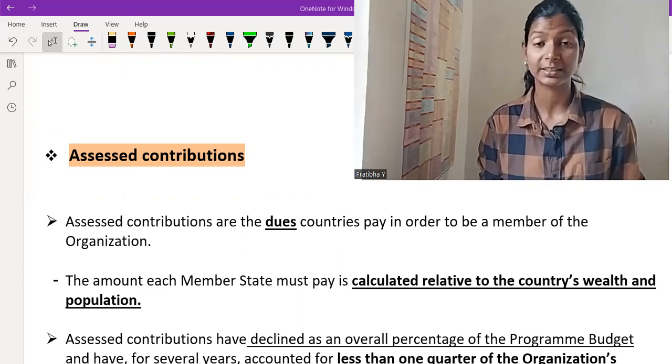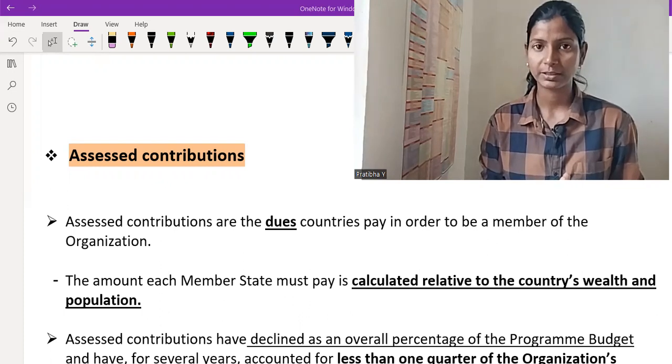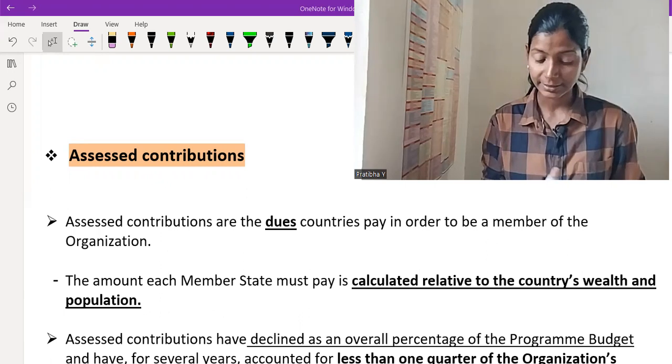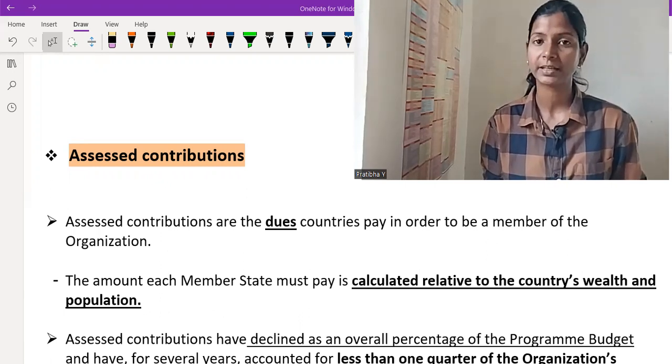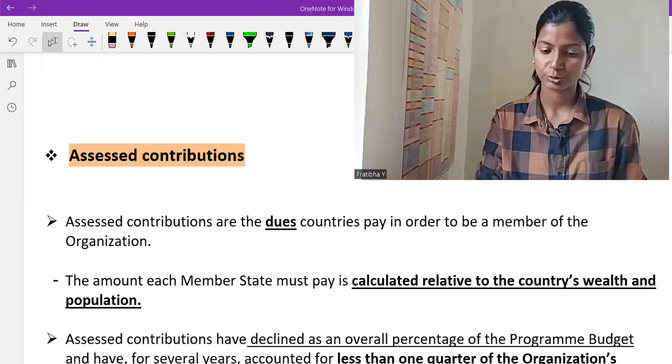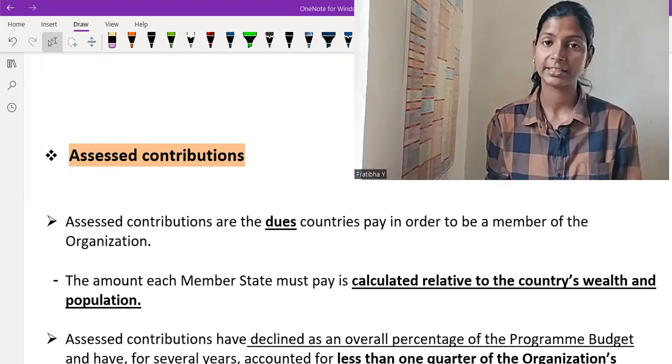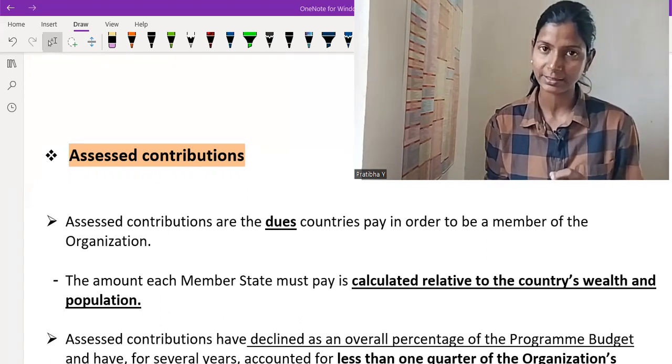In recent years, SS contribution has declined overall as a percentage, but it is a very good trend that currently it is picking up pace, and three-fourths of the program budget comes from the SS budget. So we are going to look into the nitty-gritty of the SS budget and its importance in the international arena.